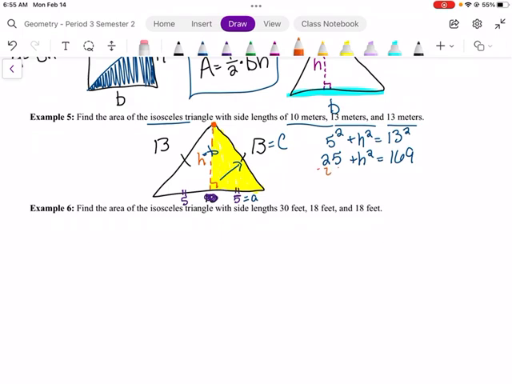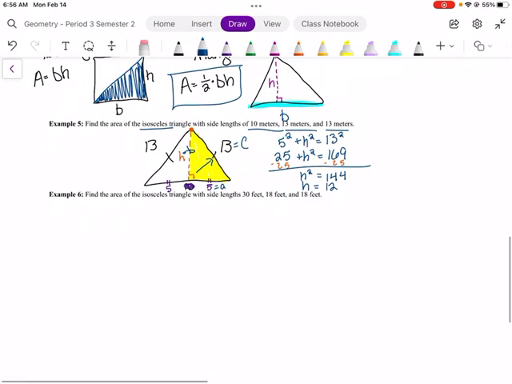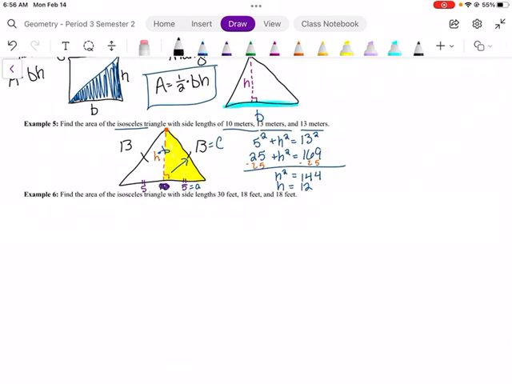And we'll get H squared equals 144. And if we take the square root, that's where we're going to get 12. So originally we knew our base was equal to 10. And now we just figured out that our height is equal to 12.